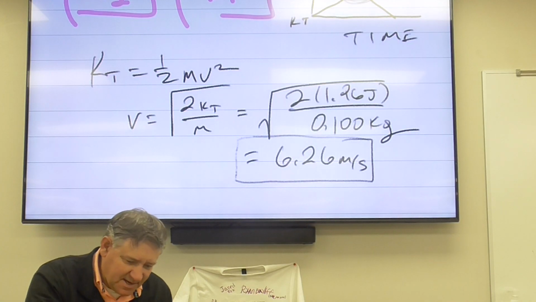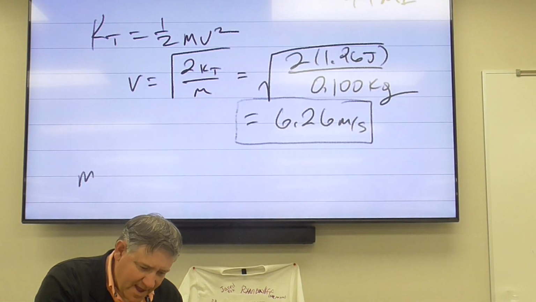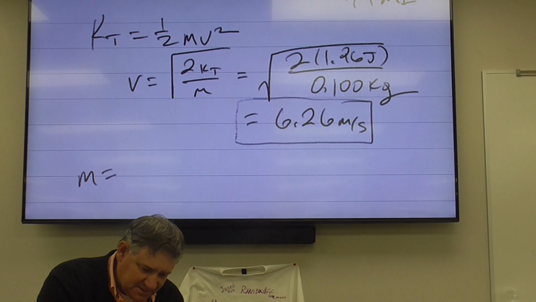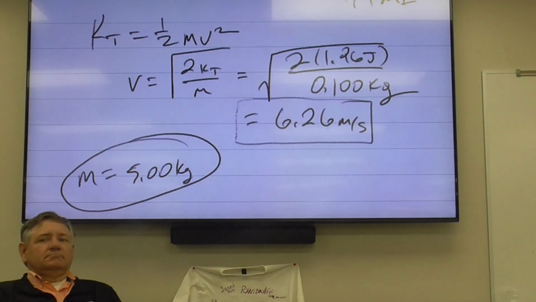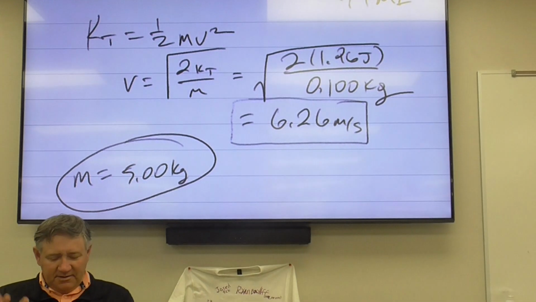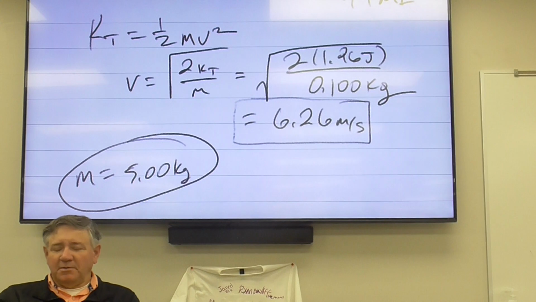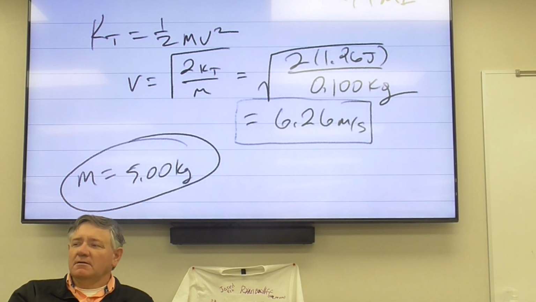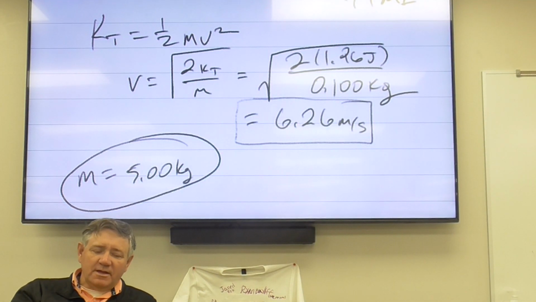Let's say that Hank has a mass of, we'll make the math easy, 5 kilograms. How many pounds is he? I don't know, that would be about 11 or 12 pounds.